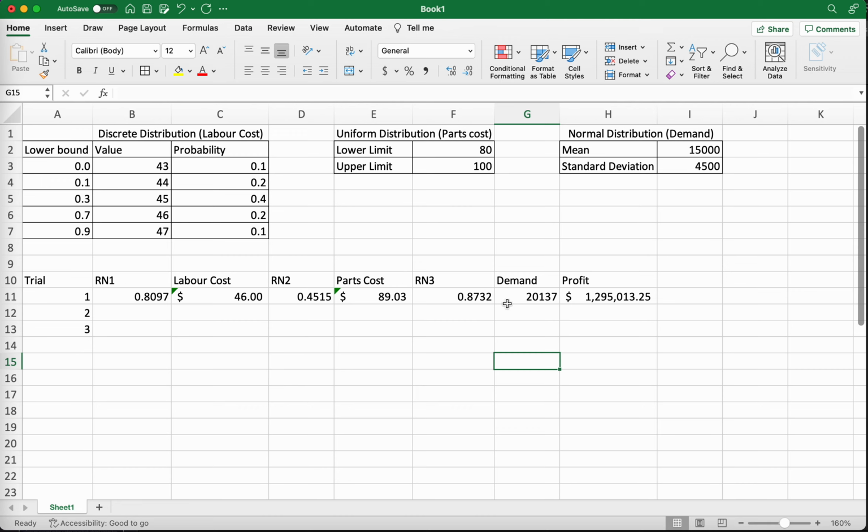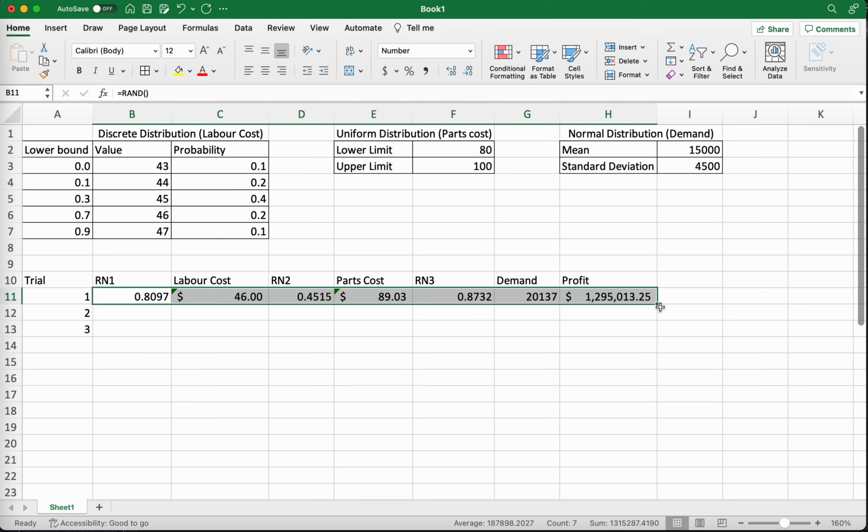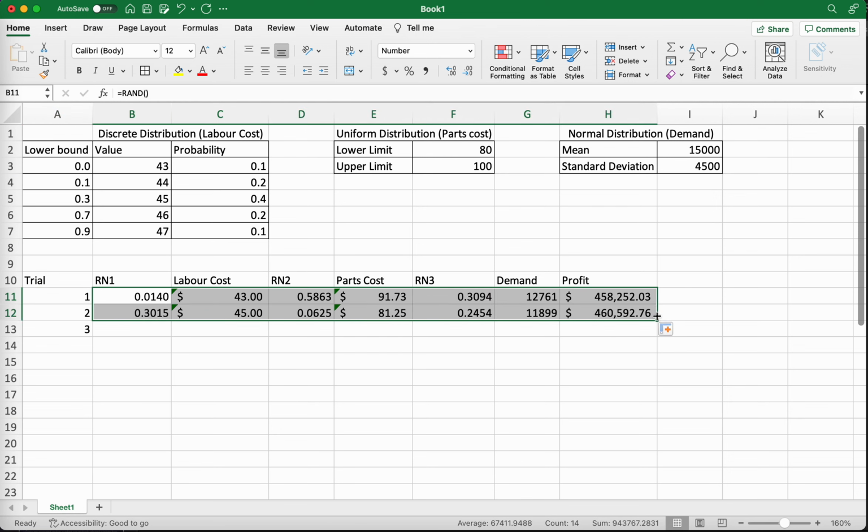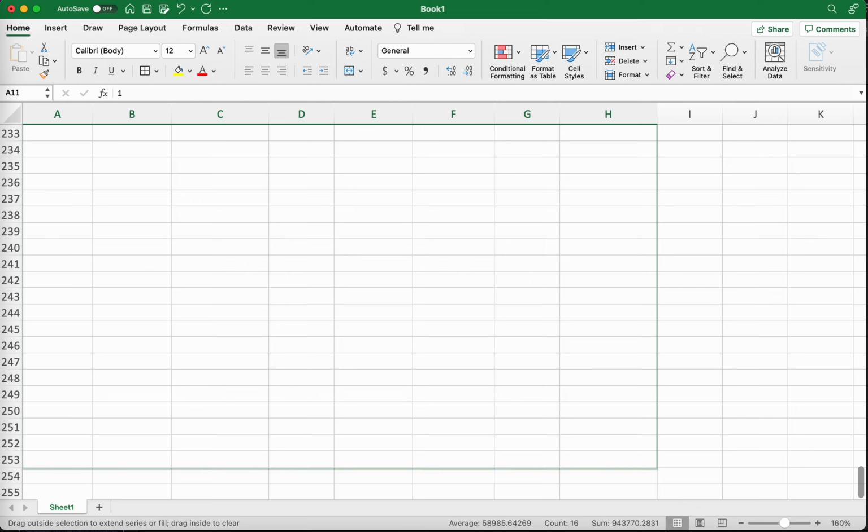Whenever we are doing this, we don't use a single trial, we use multiple trials, right? So let me just copy this formula down once. Just copying the formula down, copy everything over. I want to do 1,000 simulations, so I'm going to go all the way down.